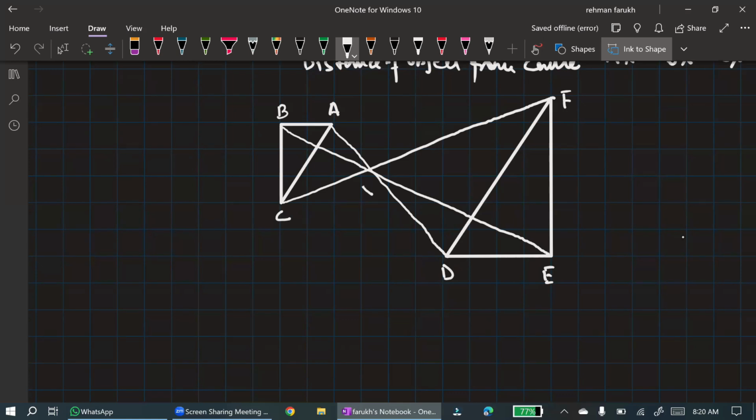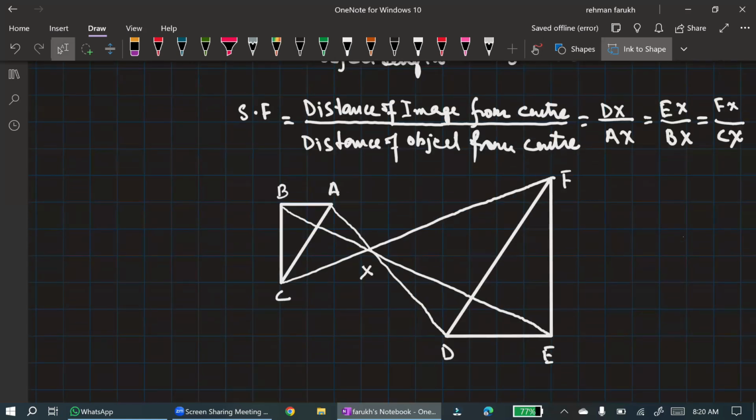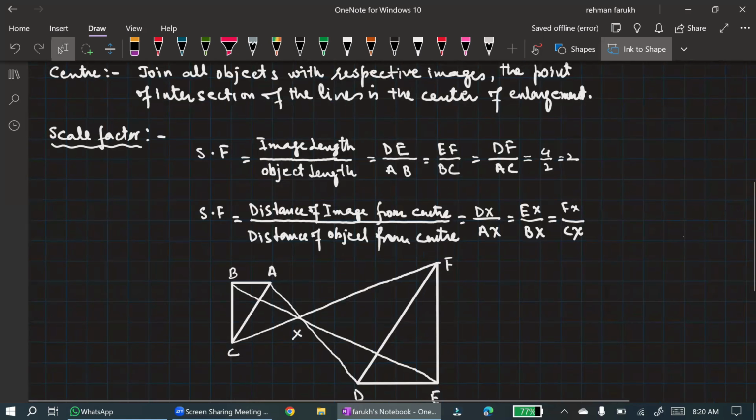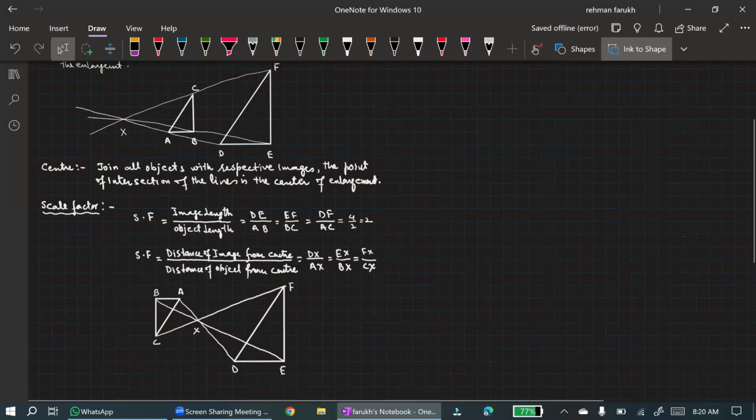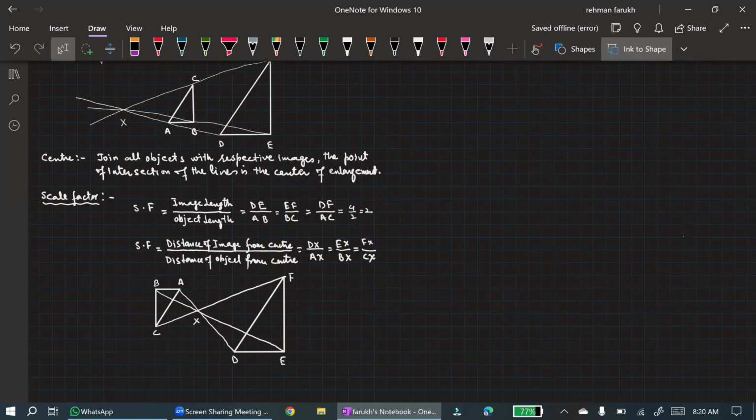Now this one is the center. Now you can compare these two diagrams. In the first diagram, the image and object are on the same side of the center. In this one, the image and object are on the opposite sides of the center.